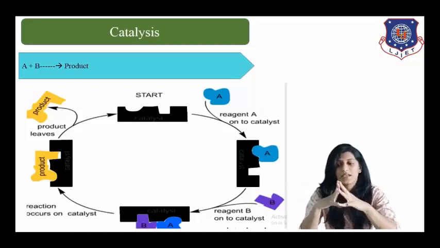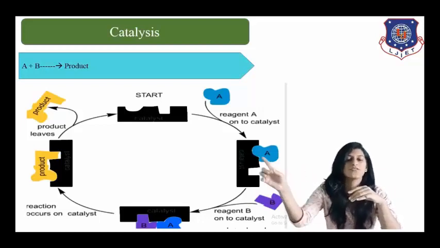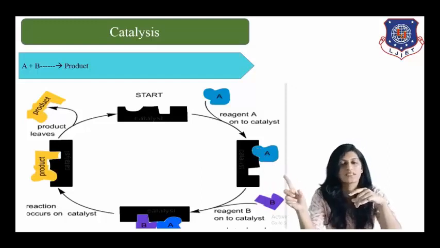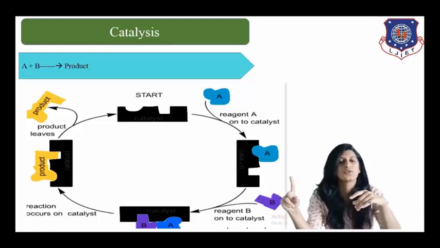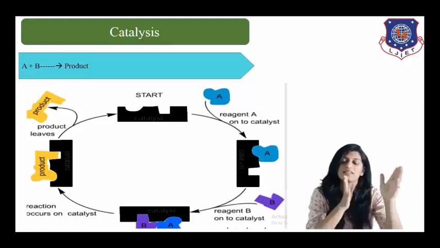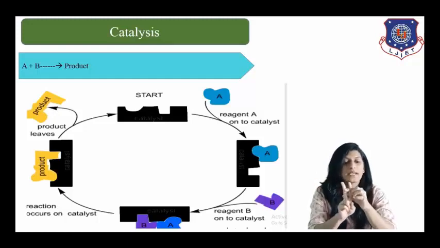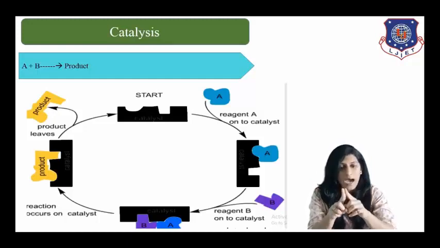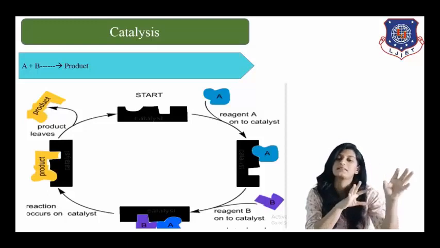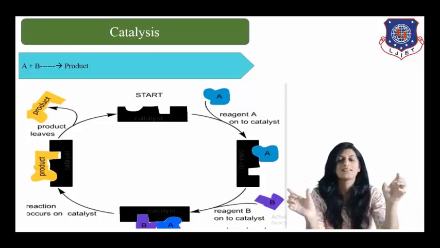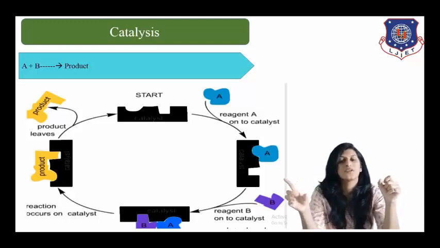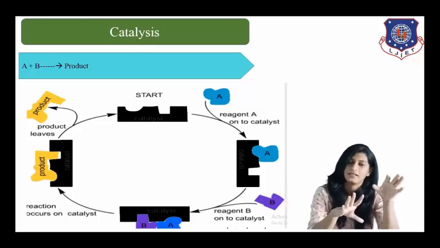As you can see here, we are starting from where we have written start. From that point, A plus B is giving me the product. We have two different reactants, A and B. Both of them are combining to give my desired product, and this black colored substance which you can see here is a catalyst.